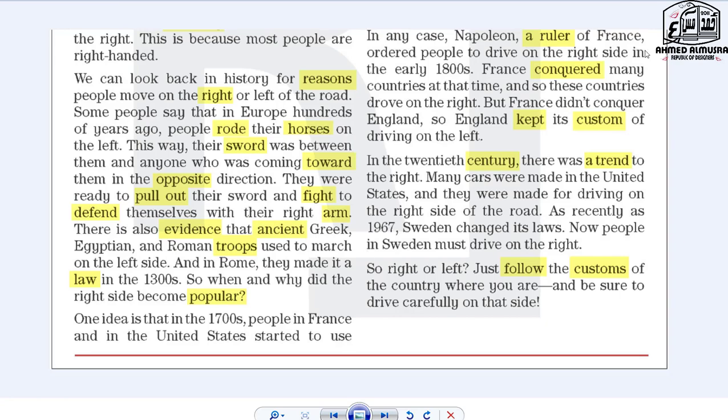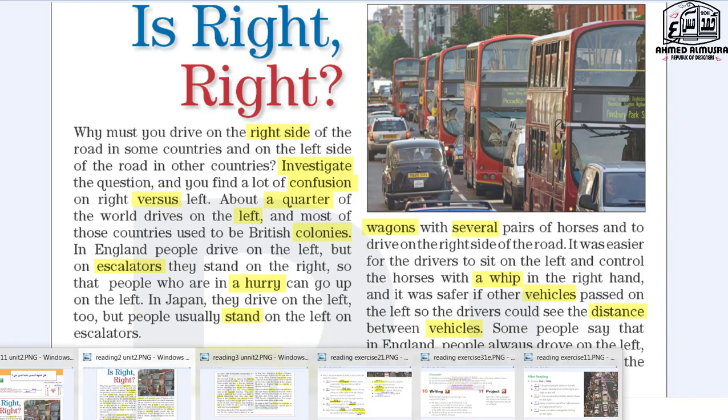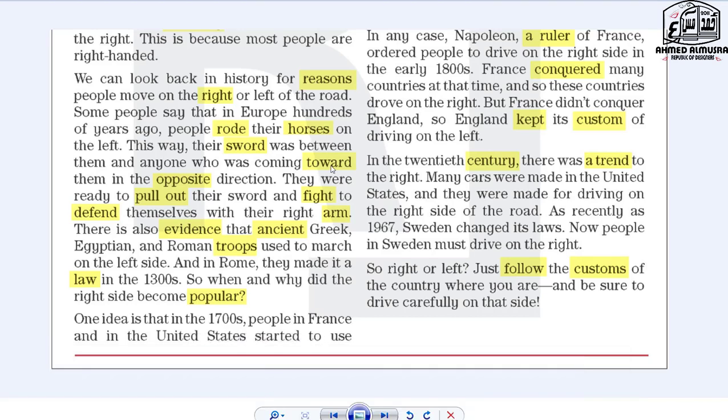We can look back in history for reasons people move on the right or left of the road. Some people say that in Europe hundreds of years ago, people rode their horses on the left. This way, their sword was between them and anyone who was coming toward them in the opposite direction. They were ready to pull out their sword and fight to defend themselves with their right arm.